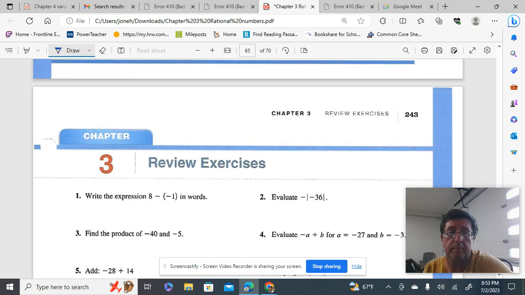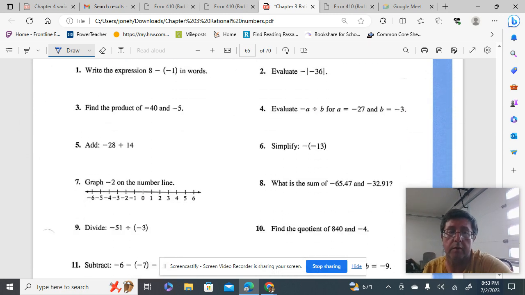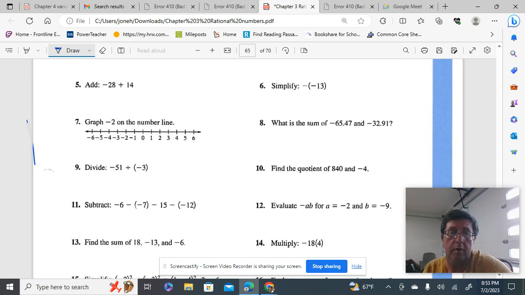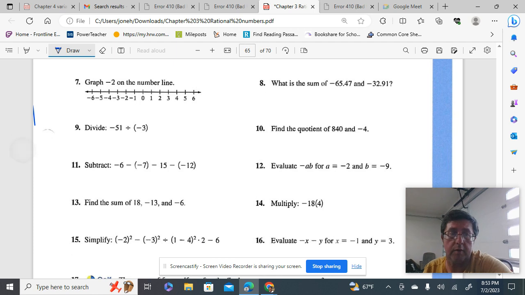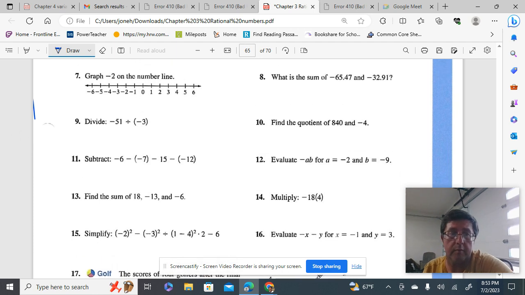Okay, so now we're doing the reviews. I want you guys to be working on this yourself. Let's do number 9. Divide negative 51 divided by negative 3. Well, they're both negatives, so our answer is going to be a positive.